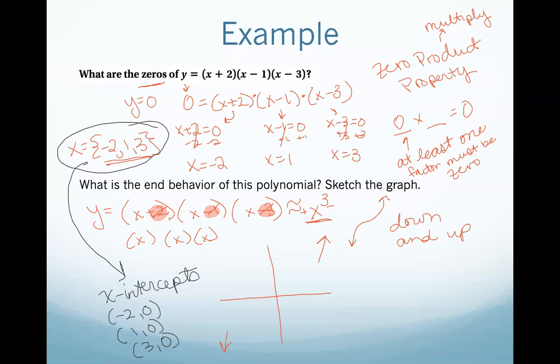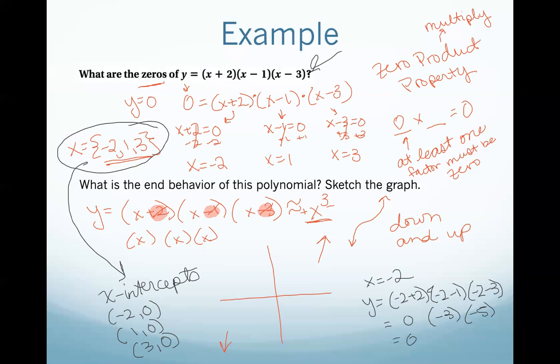How do we know that? Well, let's just say when x is negative 2, y equals negative 2 plus 2 times negative 2 minus 1 times negative 2 minus 3, right? I just substitute the value of x into my given function. And this is going to be 0 times negative 3 times negative 5. And we know that that's 0.